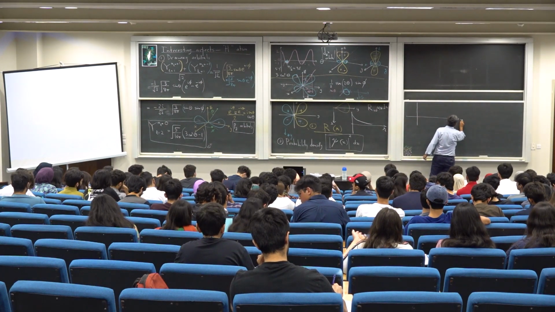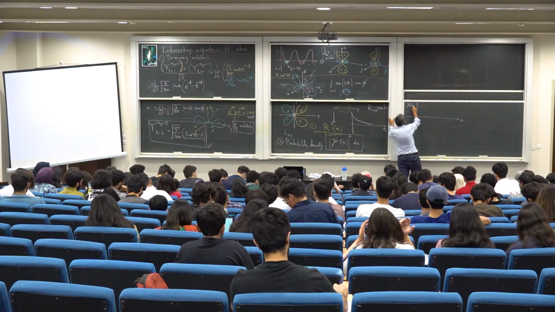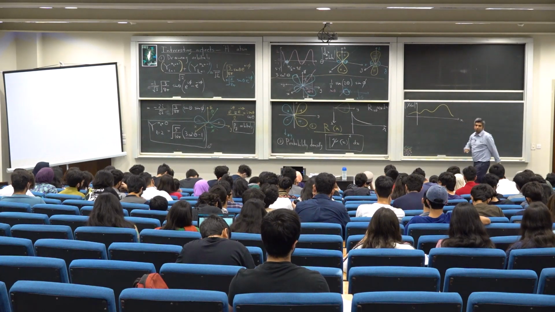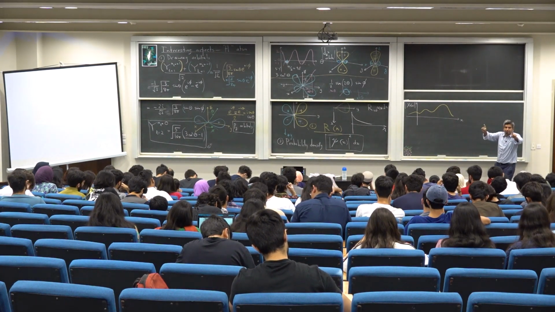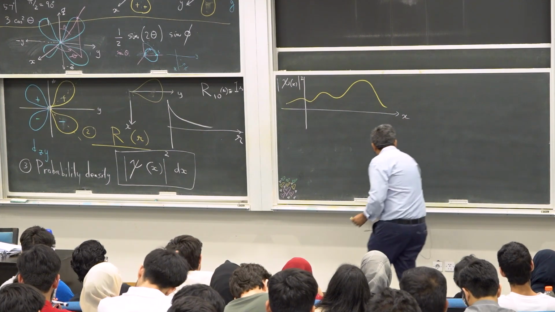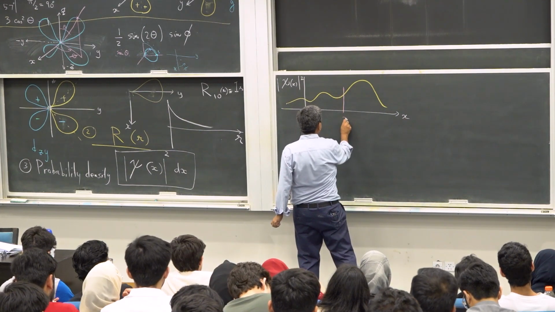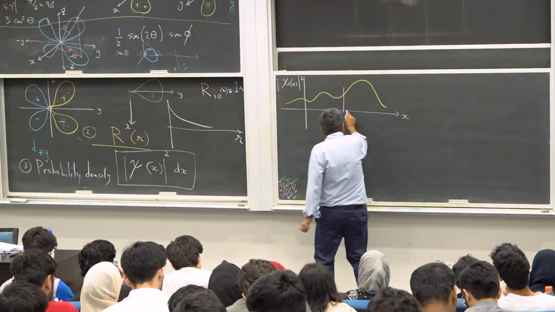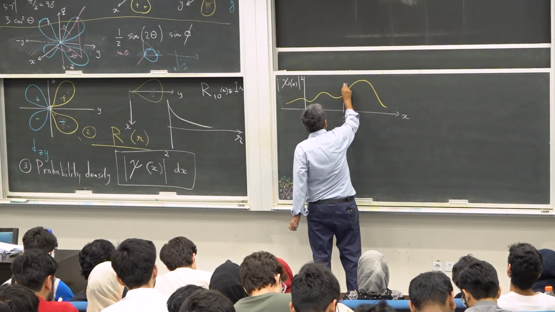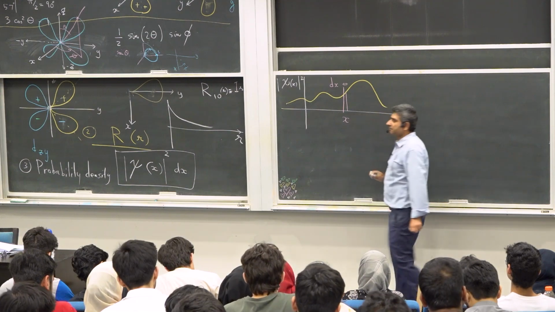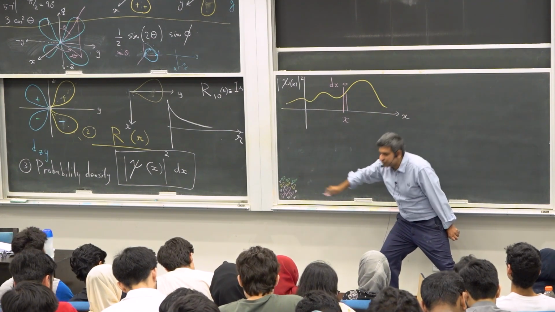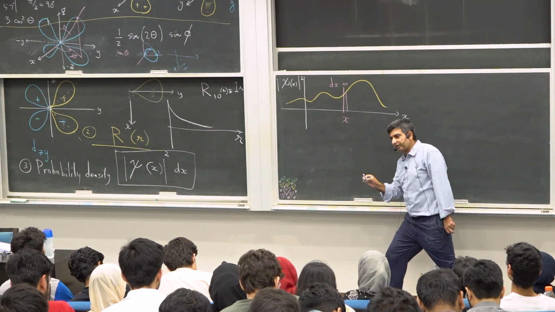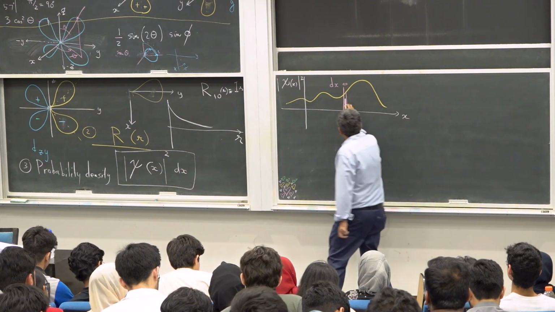This means that if I had this is my x and this is my psi of x modulus square, and I plot some wave function modulus squared, not the wave function, modulus square of the wave function, at some value of x, I take a small section of length dx, then what I put in a box over there is the probability of locating that particle in an experiment in this region.